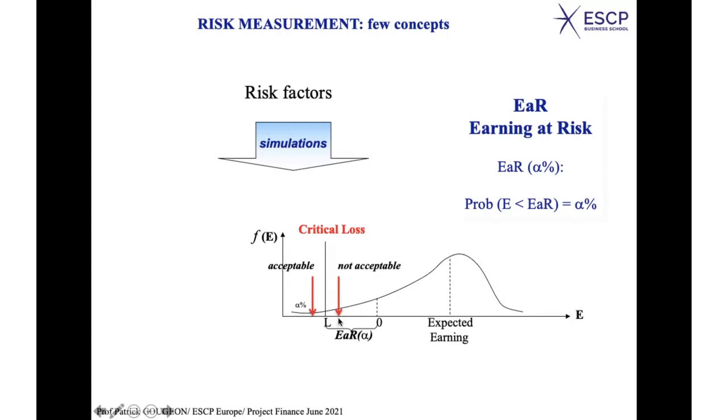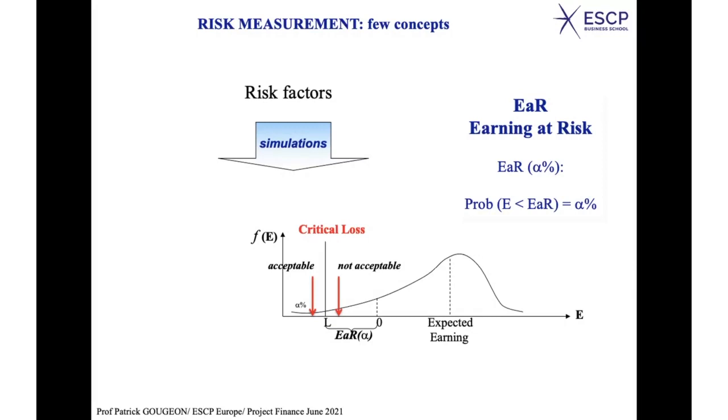If now your critical limit is at the extreme left, then you see that the situation is acceptable, because obviously the probability of earnings below that critical threshold is then lower than alpha%. So you use exactly the same rule, except that now you are looking at earnings rather than losses. It is what is used in project finance, and it is now very commonly used.